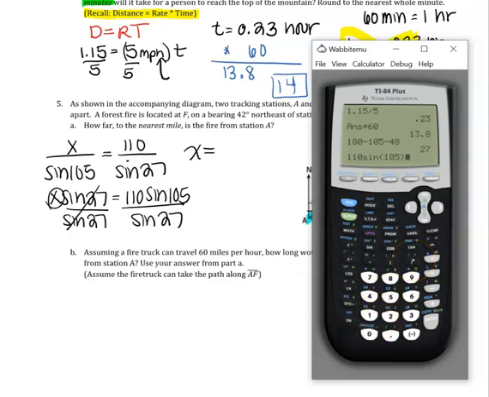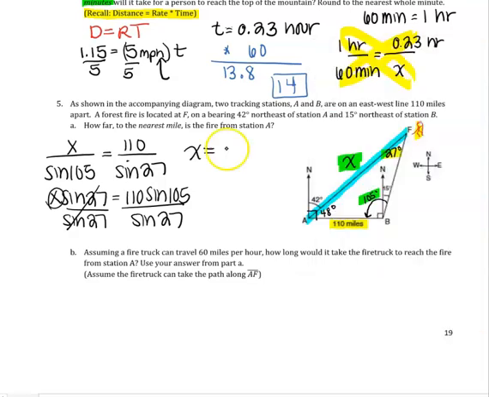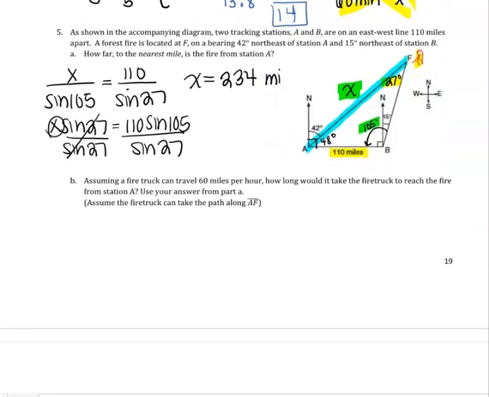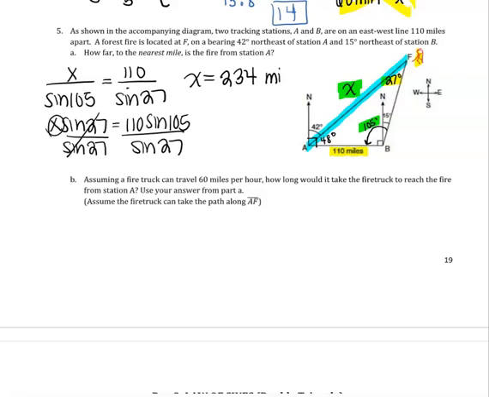Ultimately I'm going to end up doing 110 times the sine of 105, divided by the sine of 27, and to the nearest mile, 234 miles. And no, you don't have to label the unit, I just did.